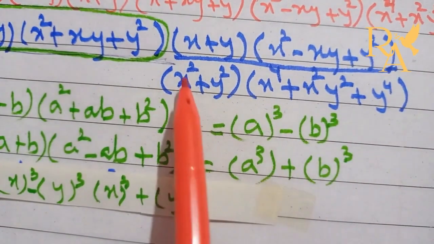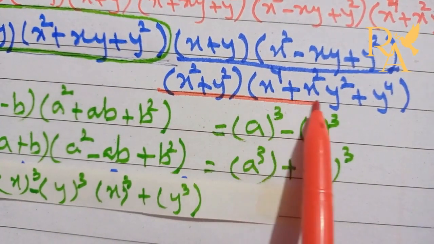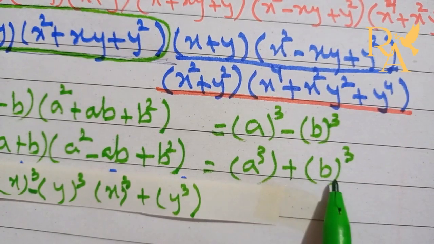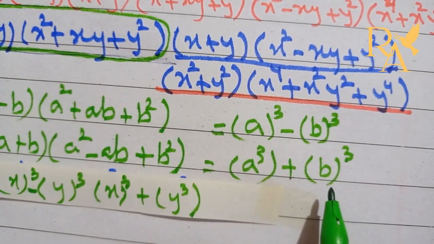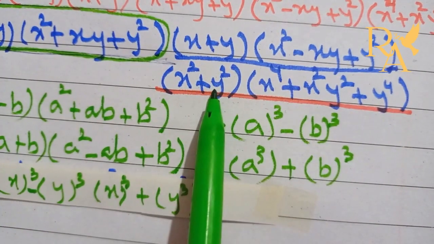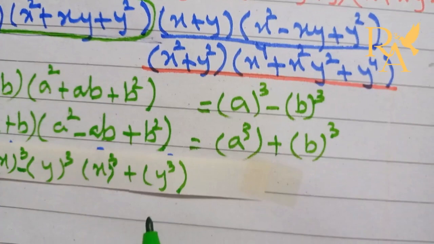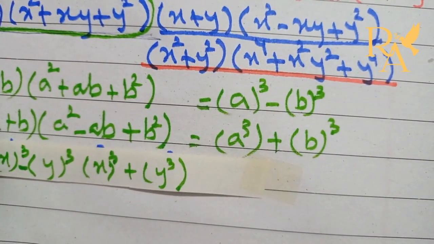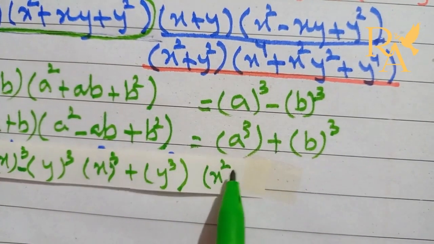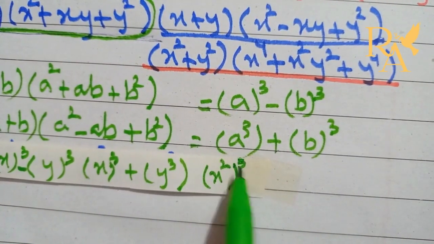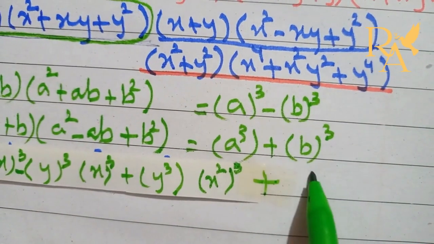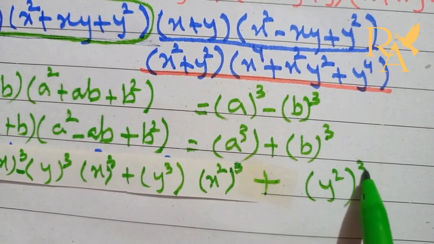For solving this section of the equation, we will use the formula a cube plus b cube. So the value of a is x square, the value of b is y square. So we can write in place of a, x square whole cube, plus the value of b, y square whole cube.